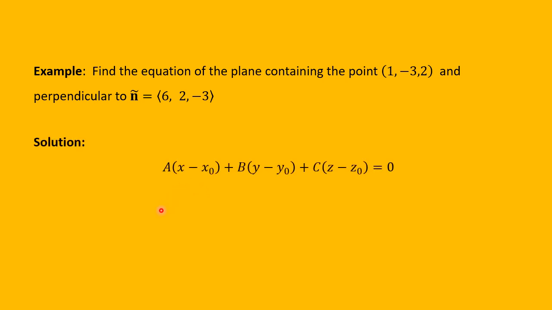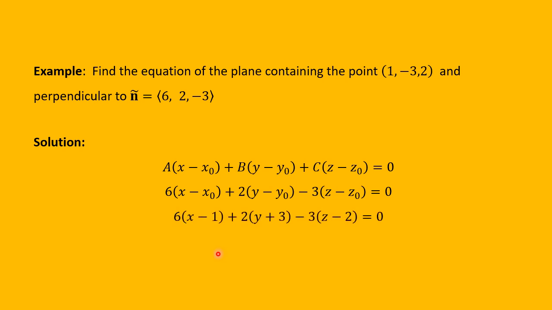Our solution is first, here's the equation of the plane that we saw before in a general form. And a, b, and c, the components of our normal vector, are 6, 2, and minus 3. The x naught, y naught, and z naught values are the values of this point here, which is 1, minus 3, 2. So what we'll have in that case is this will be x minus 1.